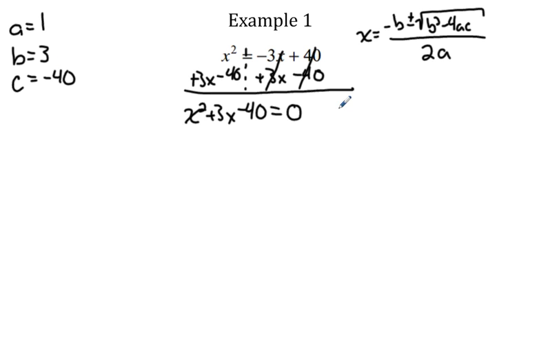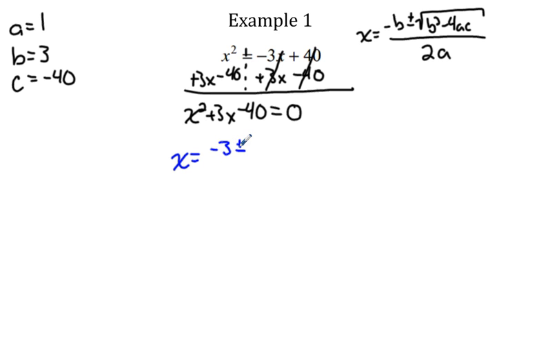And so here we go. I want to now plug in a, b, and c into the formula. So negative b is negative 3. Now, some people say the opposite of b, because if this was a negative 3, this would be positive 3 right here. So just know you take the opposite sign there. So negative 3 plus or minus. Now, this symbol right here means that we have two different answers.